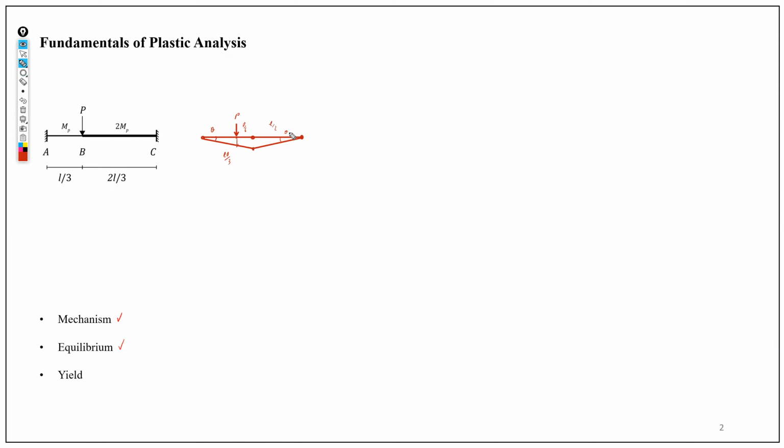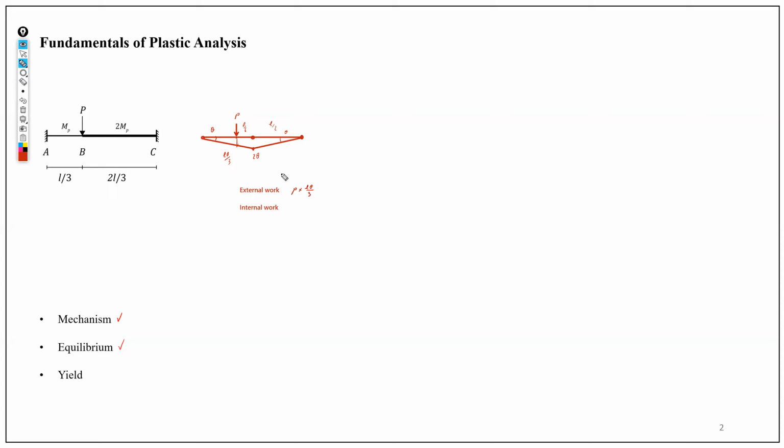When we have theta here, and a rotation of theta also here, then the total rotation at this plastic hinge will be 2 theta. Therefore, we have one external work and one internal work. They need to be equal to each other because of energy conservation. External work is P multiplied by L theta over 3.